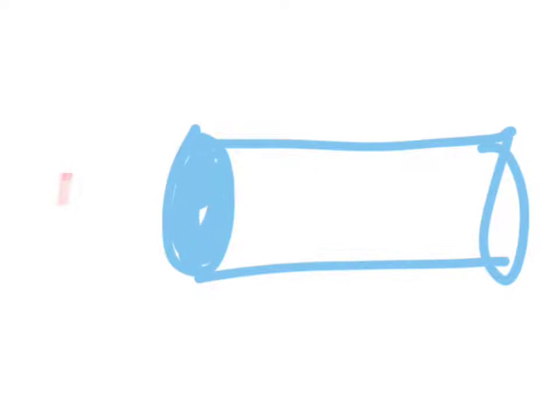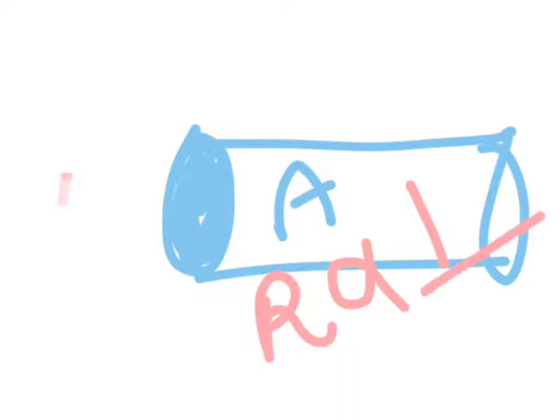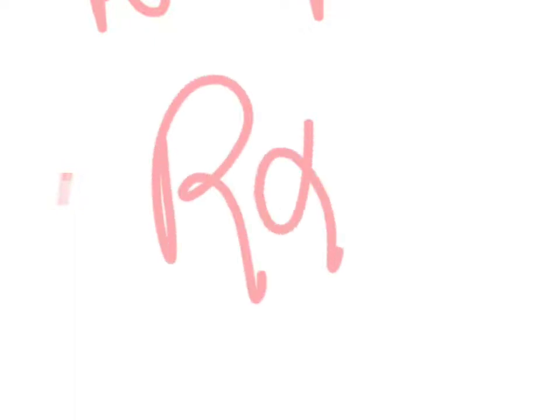It is also called the area of cross section of the conductor. If this area of cross section of a conductor is A, then resistance R is inversely proportional to the area of cross section.